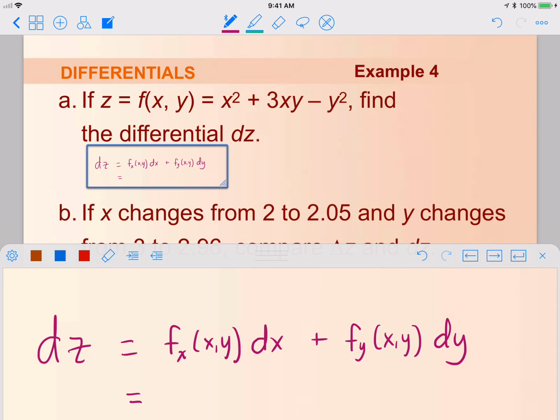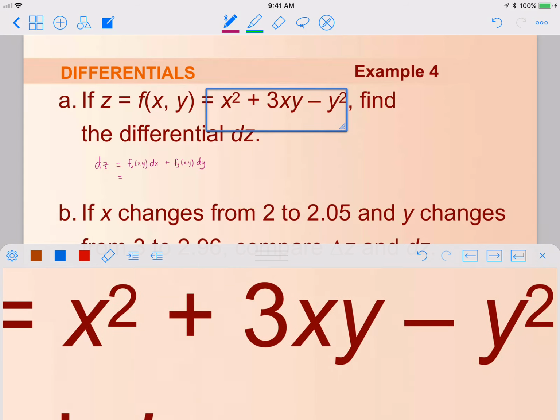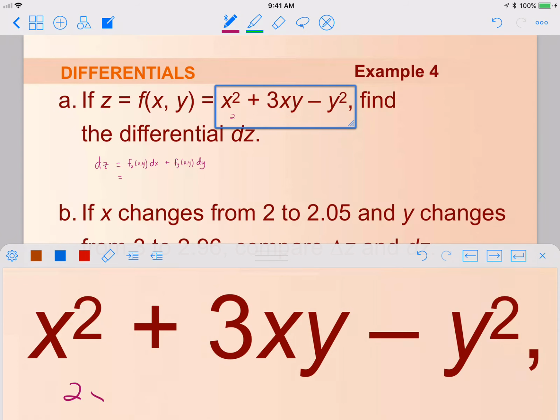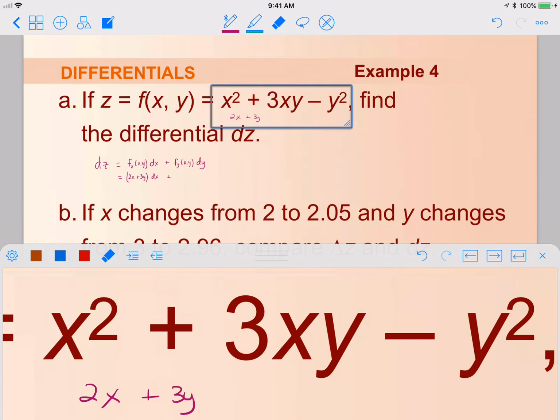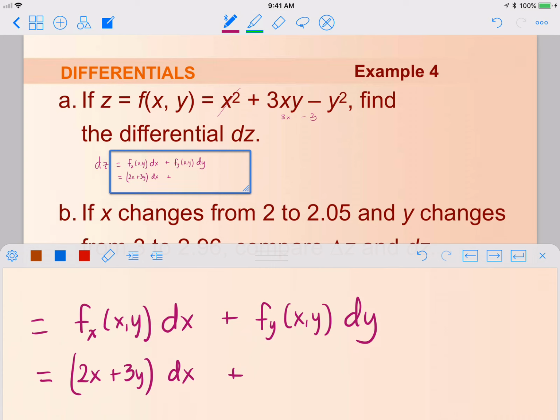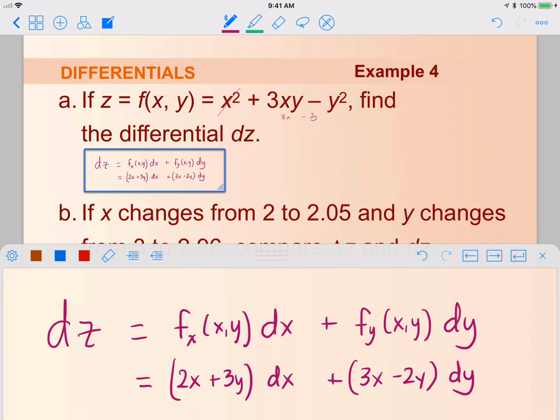Okay, so we need the partial with respect to x, and that is going to be 2x plus 3y. So we should have 2x plus 3y times dx plus, now the partial with respect to y, with respect to y we'll get 3x minus 2y, plus 3x minus 2y dy.